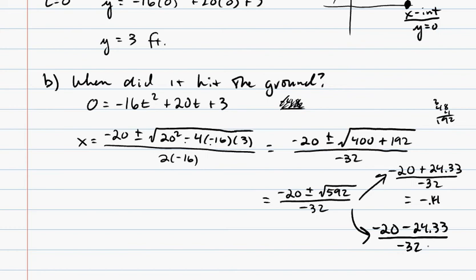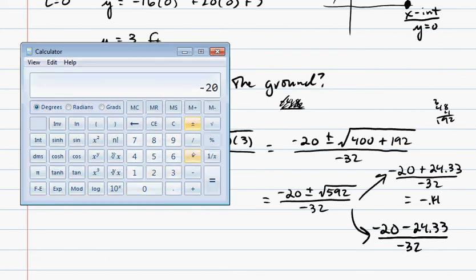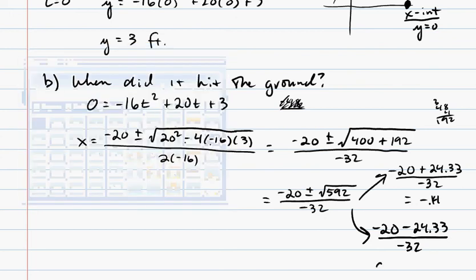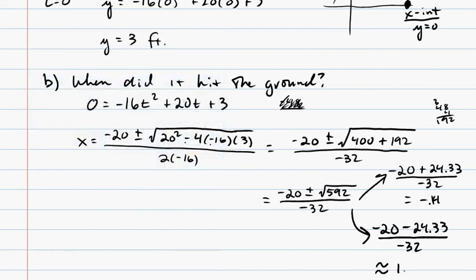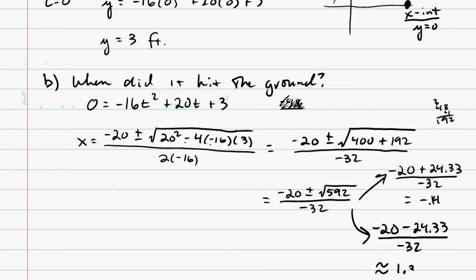Okay, so let's work that out. Minus 24.33 divided by negative 32. And we're getting approximately 1.39.